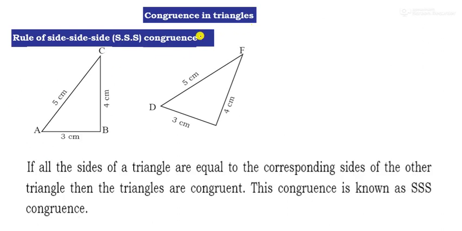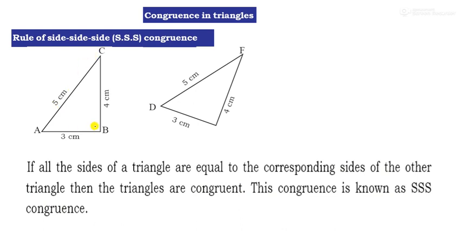Now congruence in triangles. Rules of side congruence. What is the side rule of congruence? If all the sides of a triangle are equal to the corresponding sides of the other triangle, then the triangles are congruent. This congruence is known as SSS. That means side, side, side.